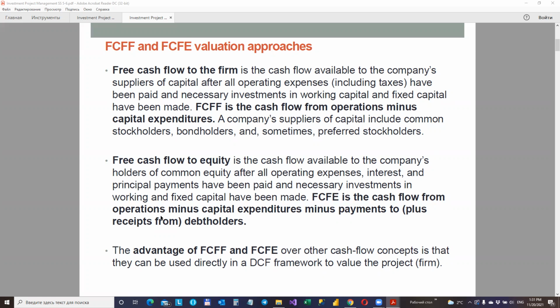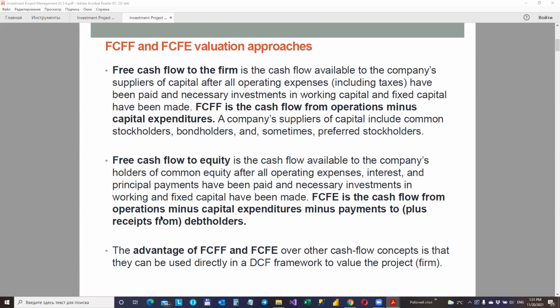Free cash flow to the firm, or FCFF, is the cash flow from operations minus capital expenditures. A company's suppliers of capital include common stockholders, bondholders, and sometimes preferred stockholders.